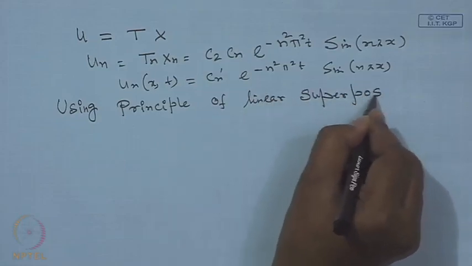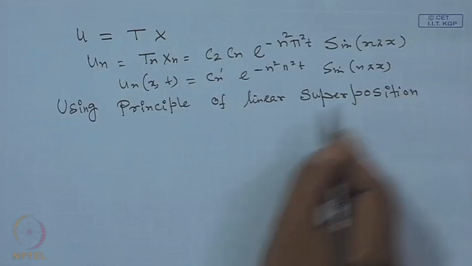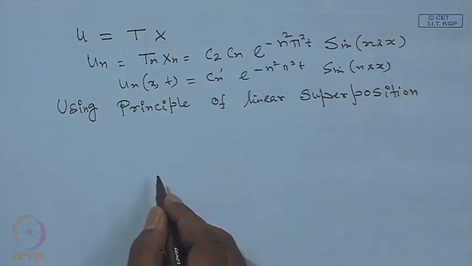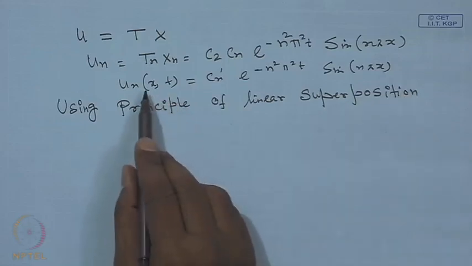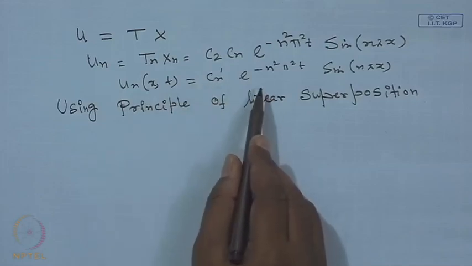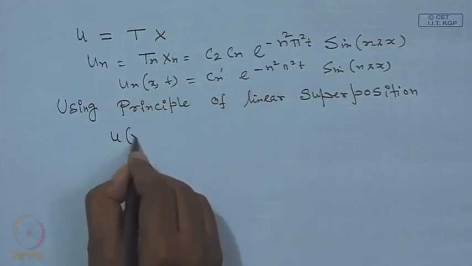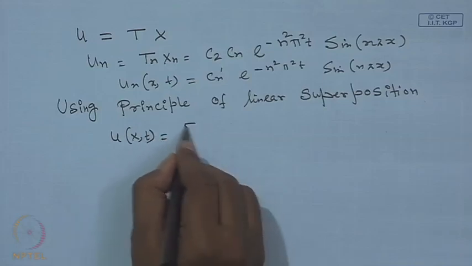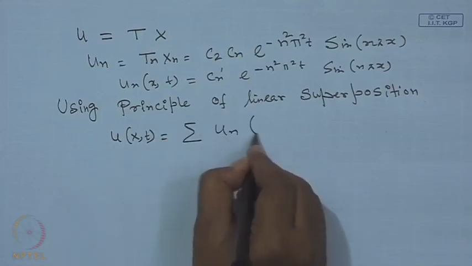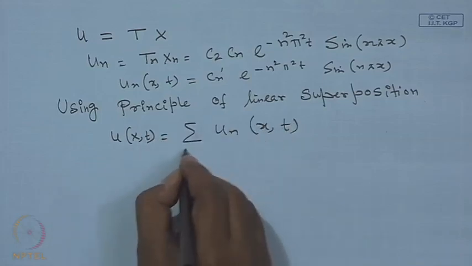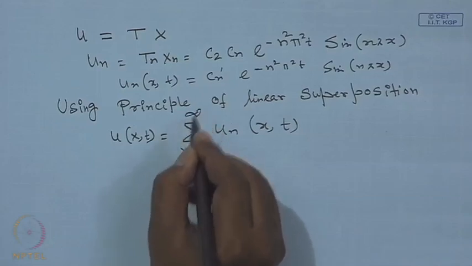Using the principle of linear superposition, we can construct the complete solution, and the complete solution will be the linear superposition of all these solutions, infinite number of solutions. So, u as a function of x and t should be the summation of u n as a function of x and t, n is equal to 1 to infinity.